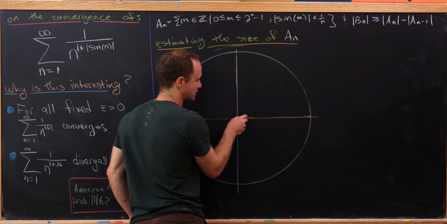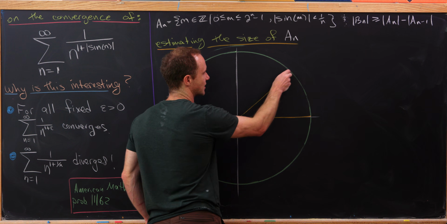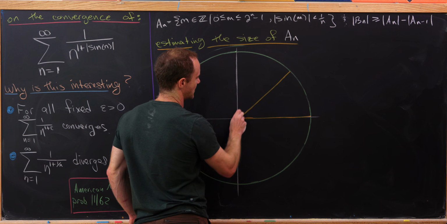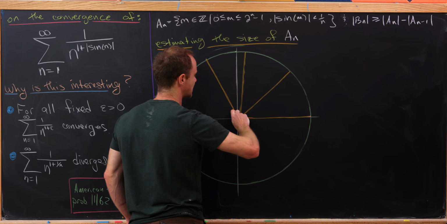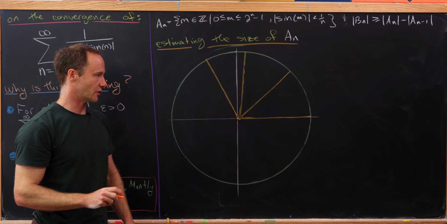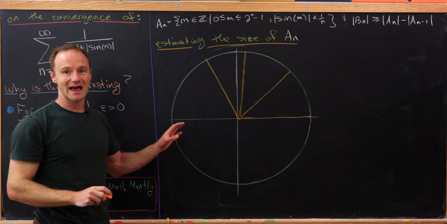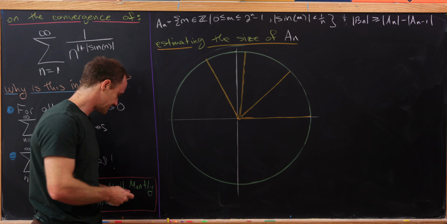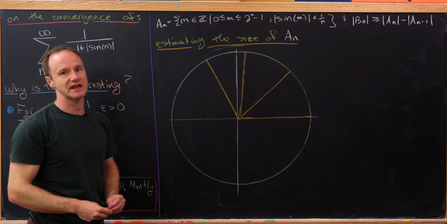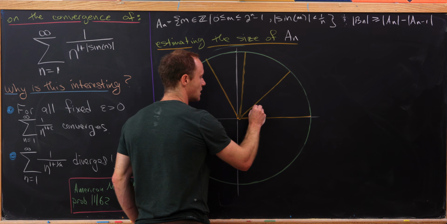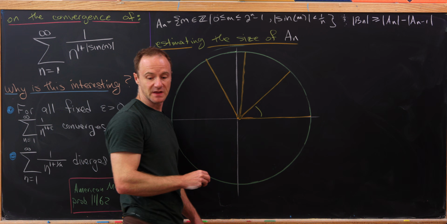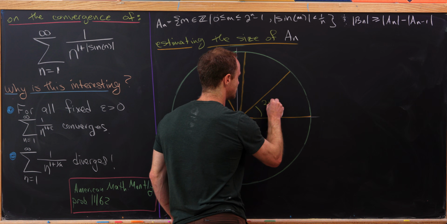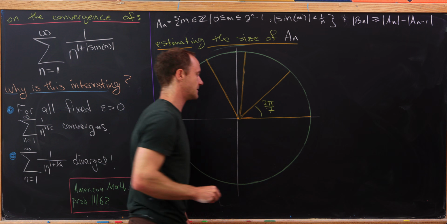That makes a wedge here, and a wedge there, and a wedge there, and then we'll keep going around over and over. But we're getting 7n total of these, so we know exactly how big this angle is. And this angle is 2 pi over 7n.